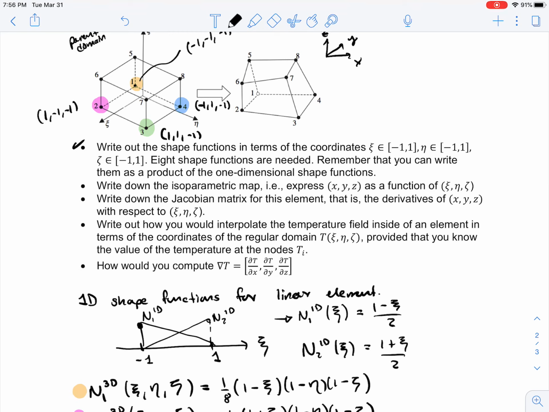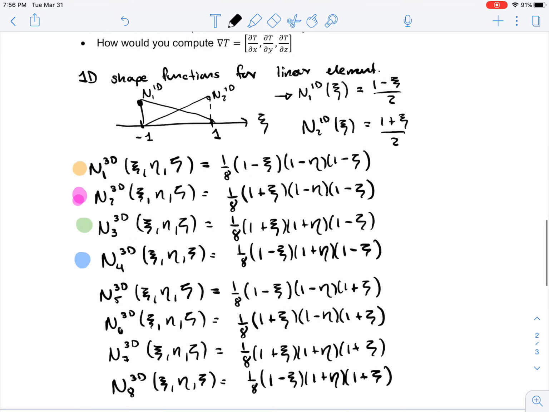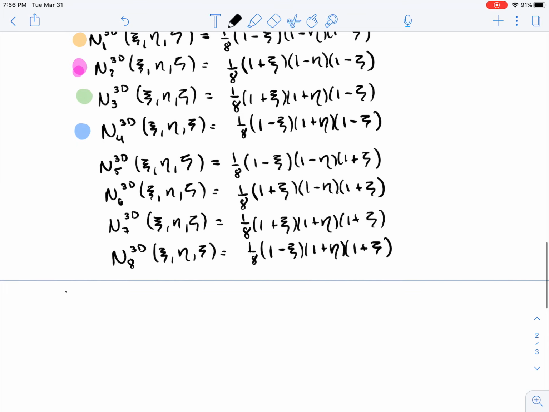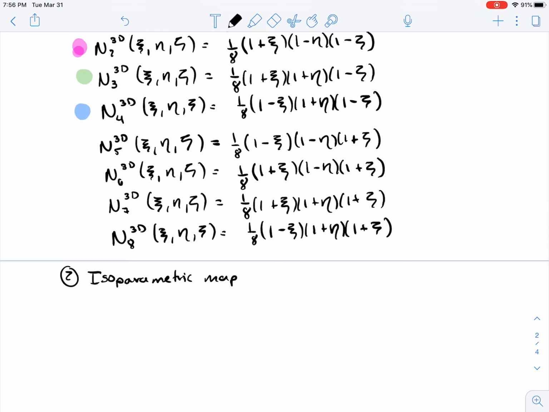Then write down the isoparametric map, that is, express x, y, z as a function of psi, eta, zeta. This is not more complicated than what we do in 1D or 2D. It's always the same. So x is just, we have 3 coordinates.